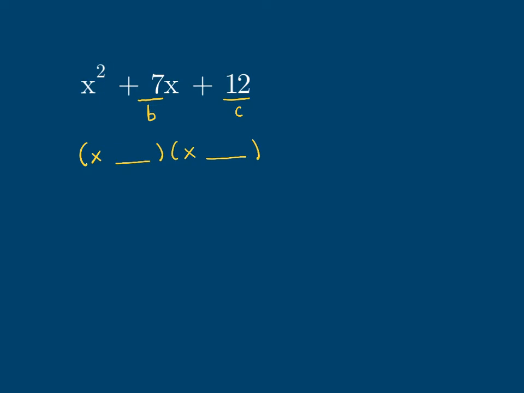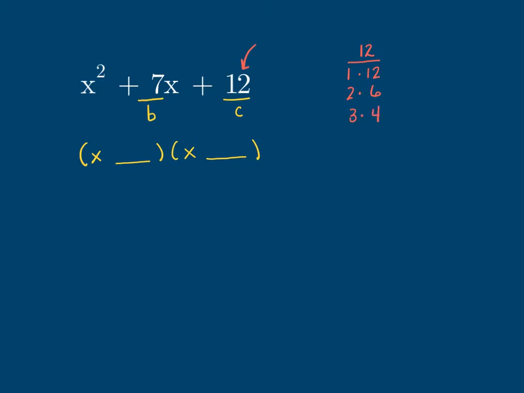And remember from what we talked about a minute ago, that whatever the two numbers are, I have to be able to multiply them together to get 12. So I'm going to start by looking at factors of c, which is 12 in this case. So my possible factors are 1 times 12, 2 times 6, and 3 times 4.